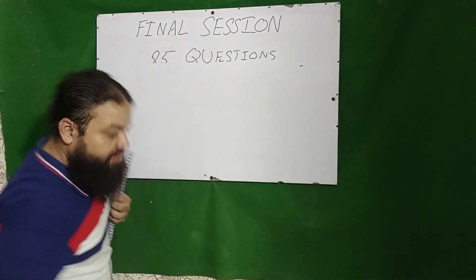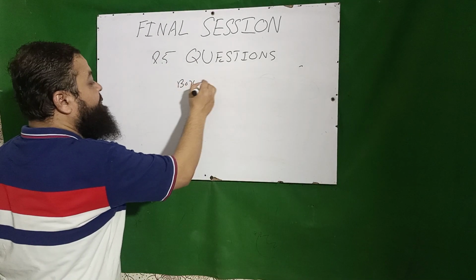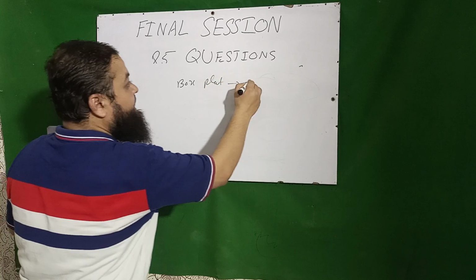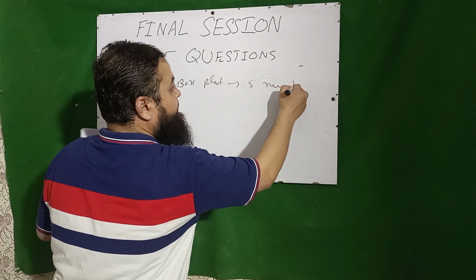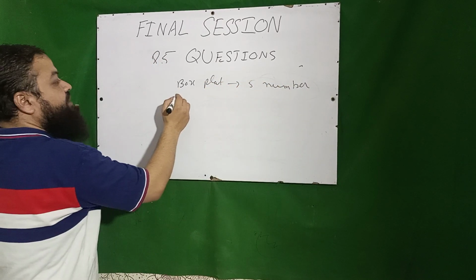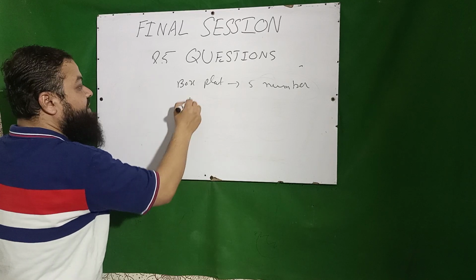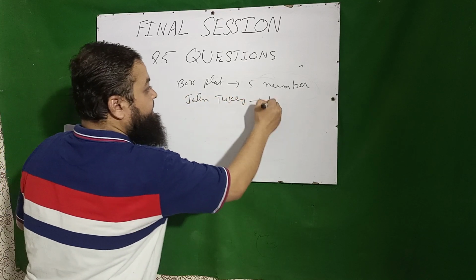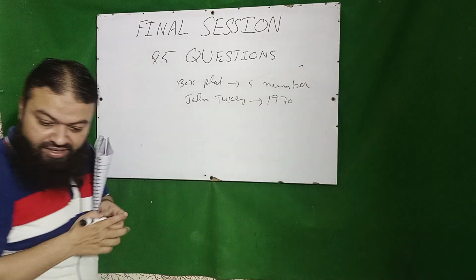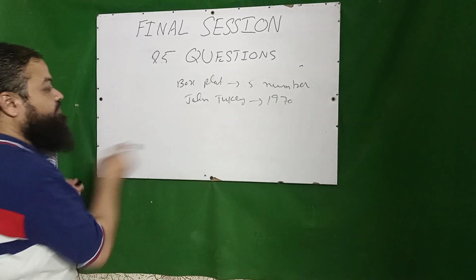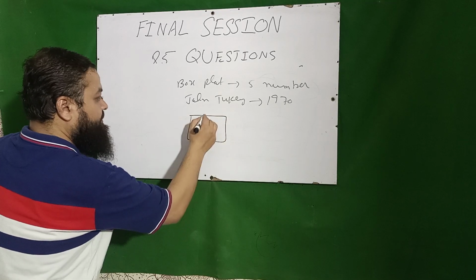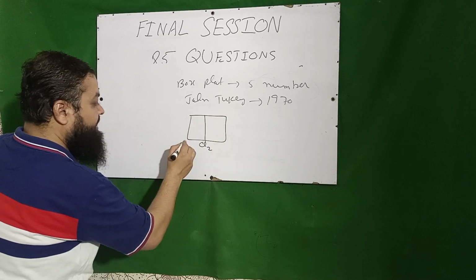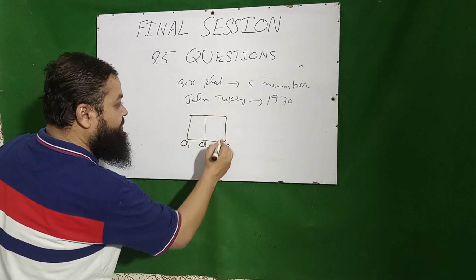Next question: the box plot is also called the 5-number summary, and it was introduced by John Tukey in 1970. In the box plot, in the center we have the median, here we have Q1, here we have Q3.